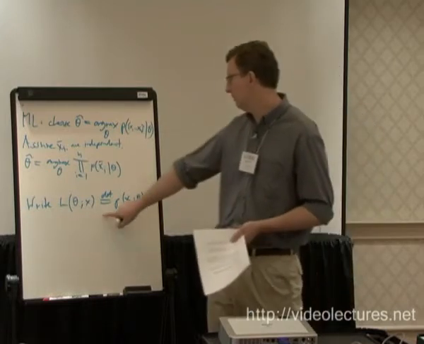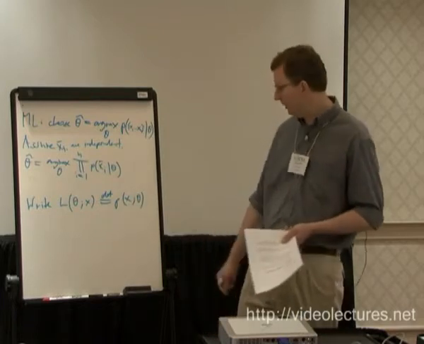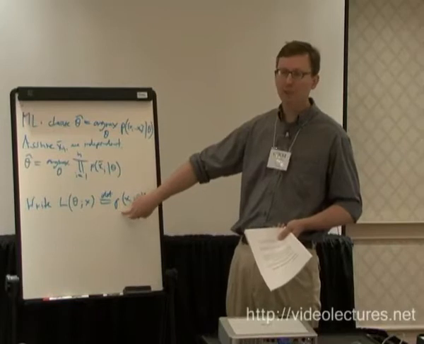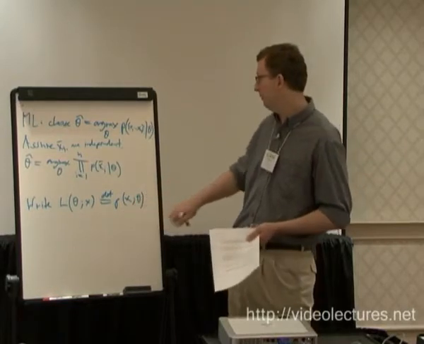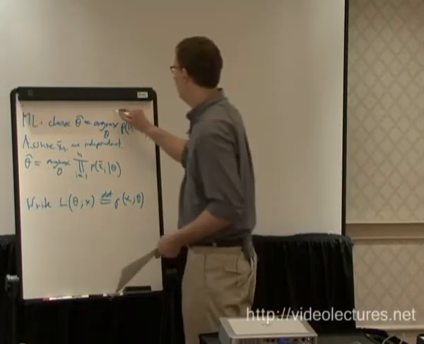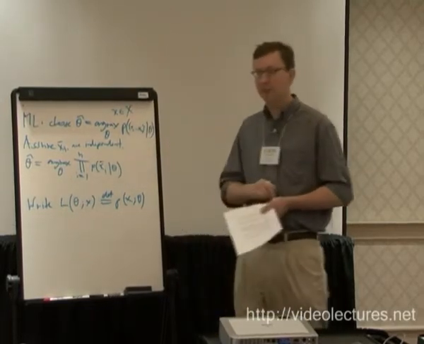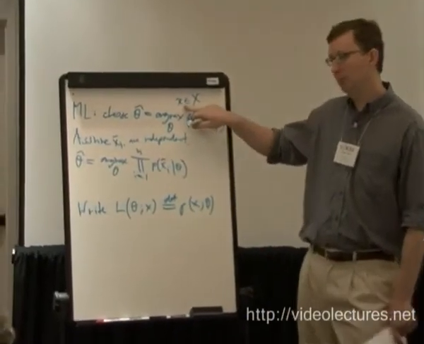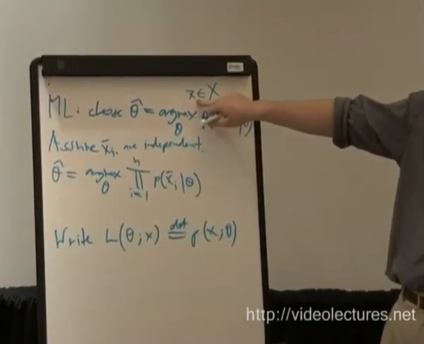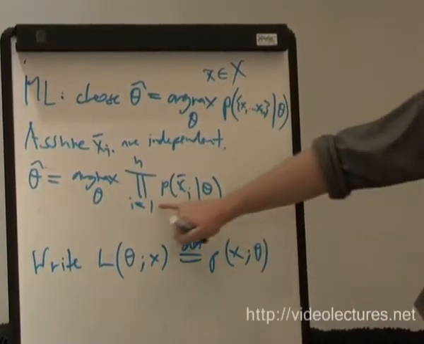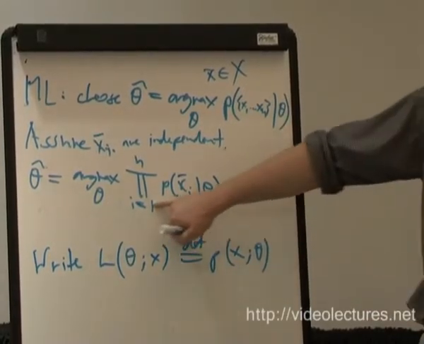And something that people sometimes get confused about. This probability can be a probability mass or it can be a probability density. If the x's belong to a discrete space, then they're going to have probability masses. And if they belong to a continuous space, they're going to have probability densities. And here, we're multiplying all these probabilities together.